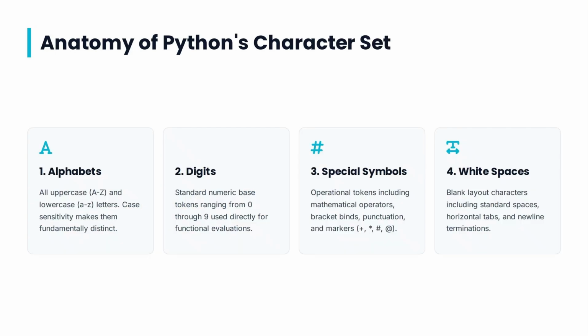Then comes the anatomy of Python's character set. First is the alphabet. We all know we have to use alphabets, or otherwise we won't be able to write code. Alphabets: all uppercase and lowercase letters; case sensitivity makes them fundamentally distinct. All the uppercase and lowercase letters are in the character set, that is, they are legal characters which can be used in our program.